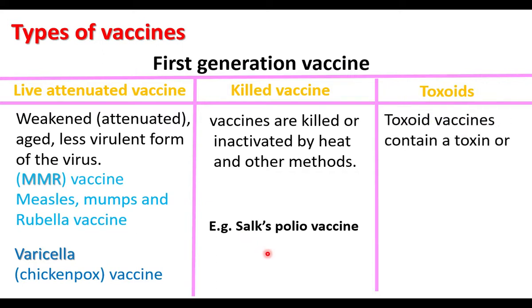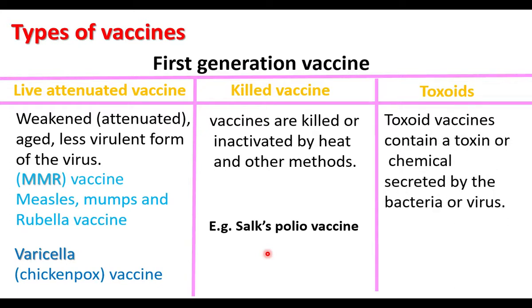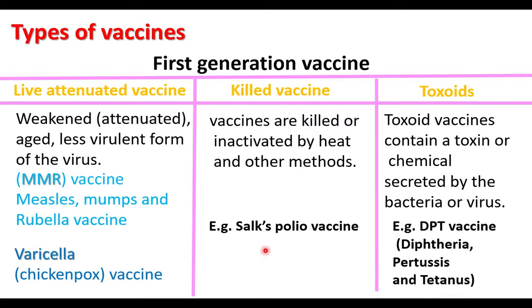Toxoids are vaccines containing toxins or other chemicals produced by bacteria or viruses. Example, DPT vaccine, diphtheria, pertussis and tetanus. So these three types come under first generation vaccines. They are sometimes called traditional vaccines.